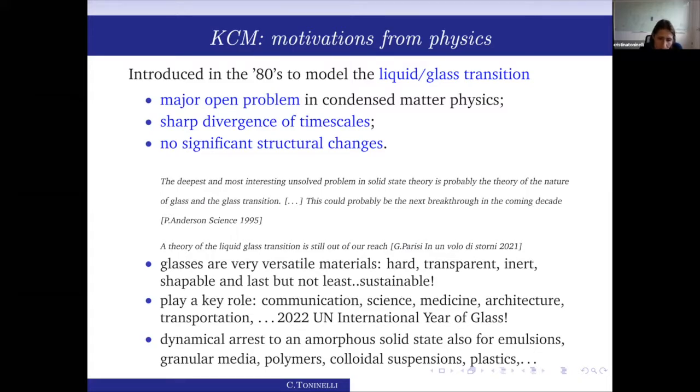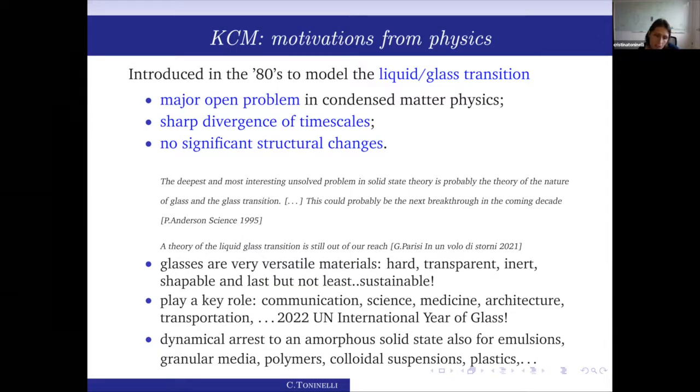But anyway, from the point of view of a physicist, besides the technology, one very intriguing thing is that a dynamical arrest towards an amorphous solid is a behavior which is shared by a large variety of materials, very different from the supercooled liquids which undergo the liquid glass transition.